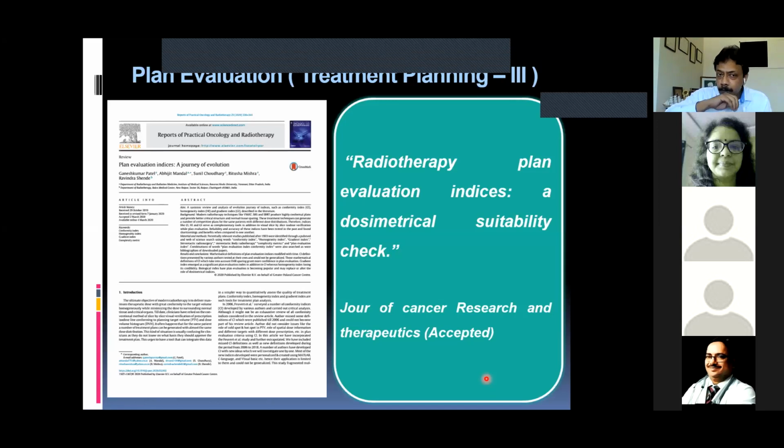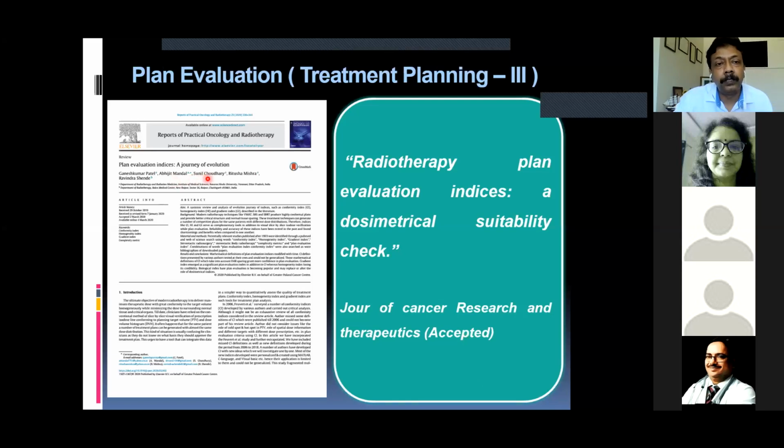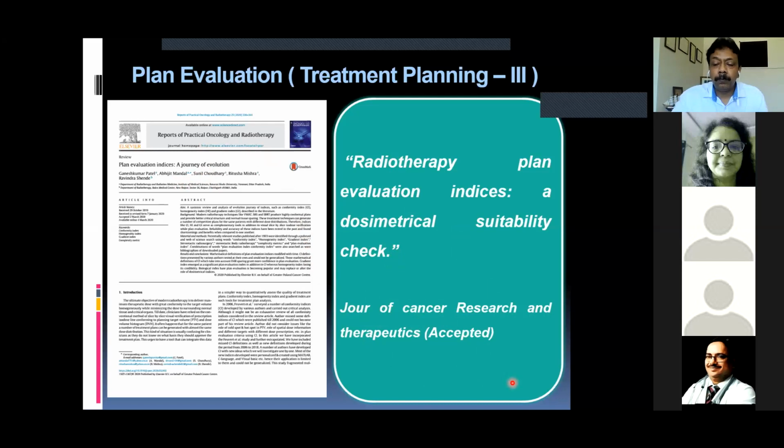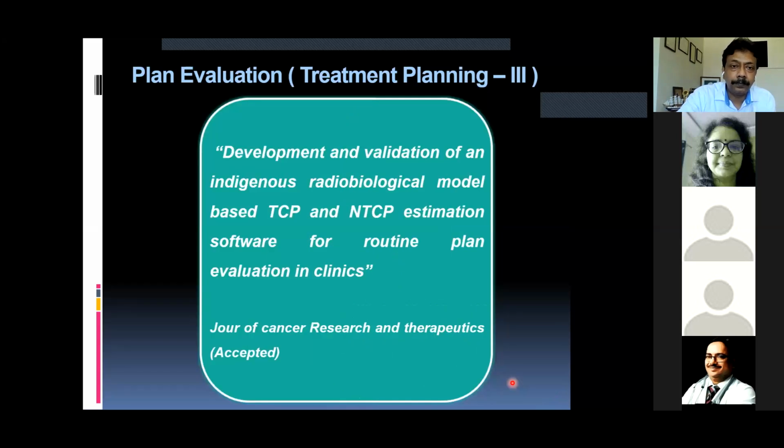We have published a review article, Plan Evaluation Indices: A Journey of Evaluation, in Reports of Practical Oncology and Radiotherapy. And one more is accepted, Radiotherapy Plan Evaluation Indices: A Dosimetrical Suitability Check, where we check dosimetrically which quantity is important for IMRT and 3D-CRT planning.